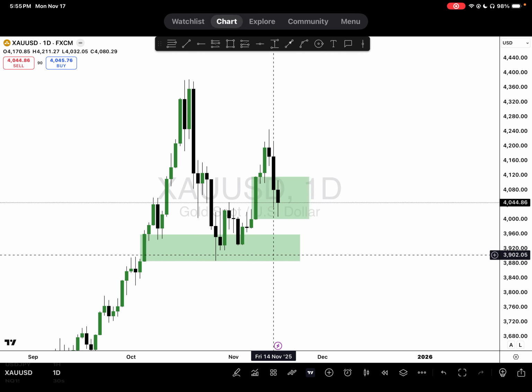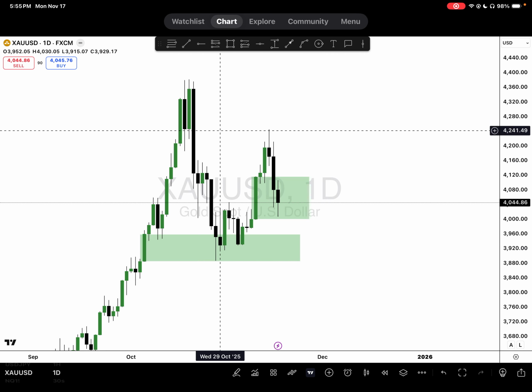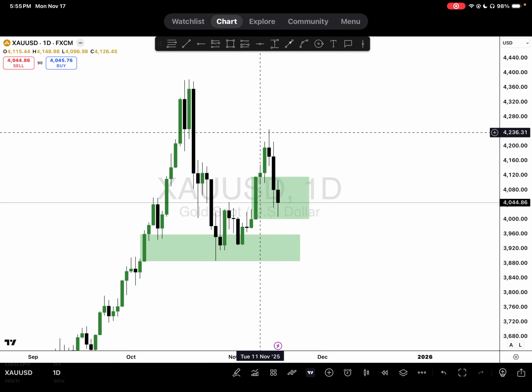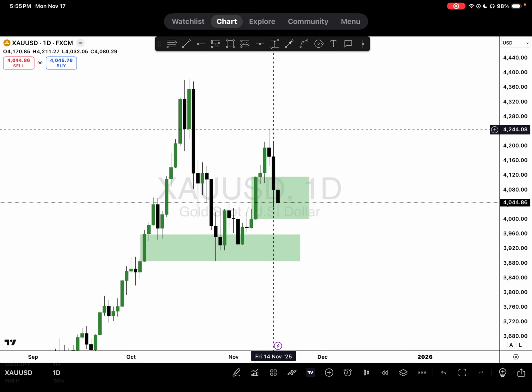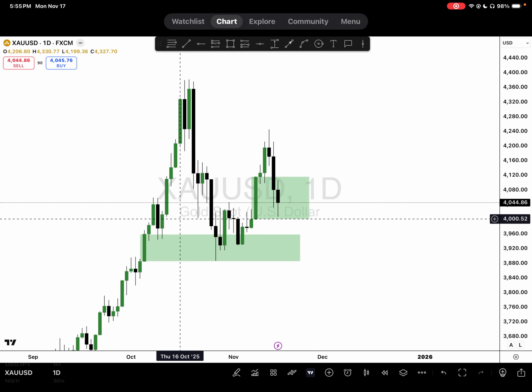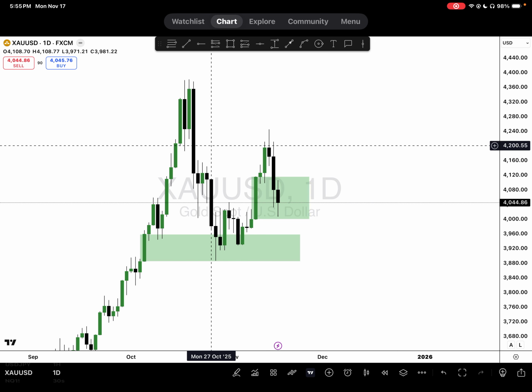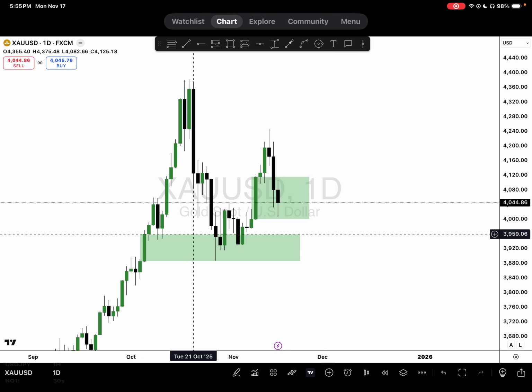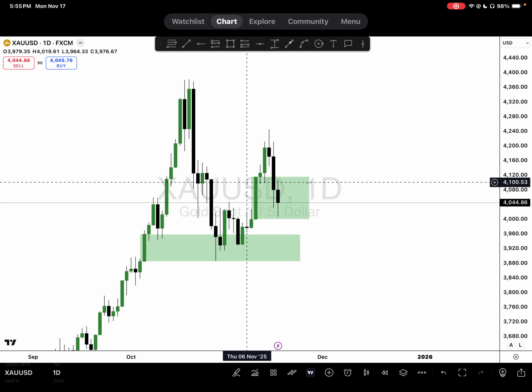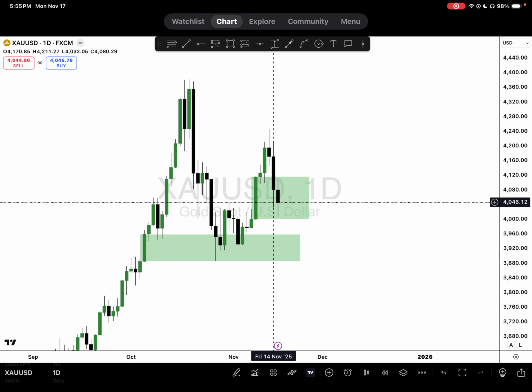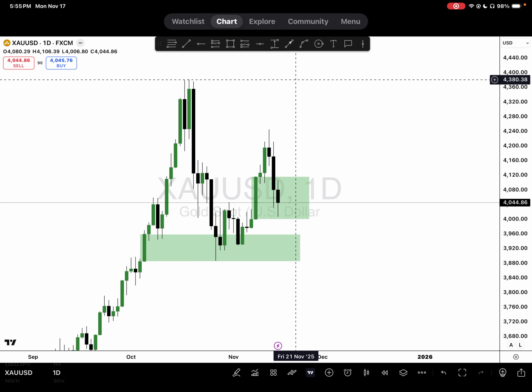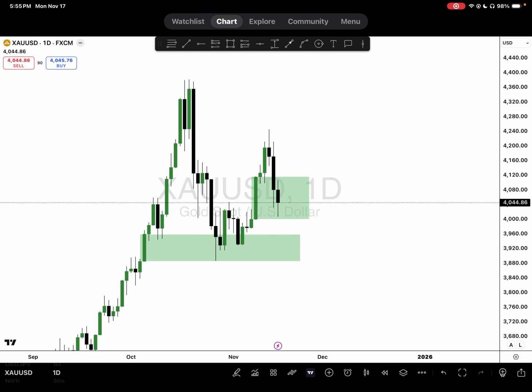To me, this is a counter trend trade setup that I'm not going to say I wouldn't take, but based on the analysis that I've done here and seeing the formulation of the price action, I would prioritize looking for buys off of this daily price gap here in order to push us higher. But we'll see what happens.